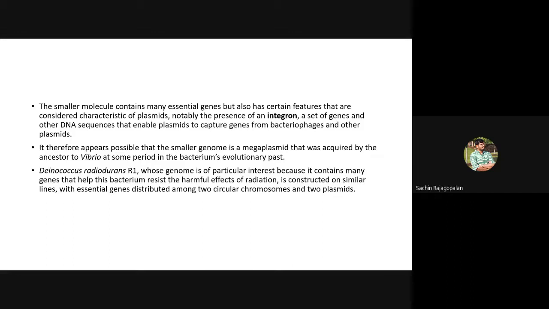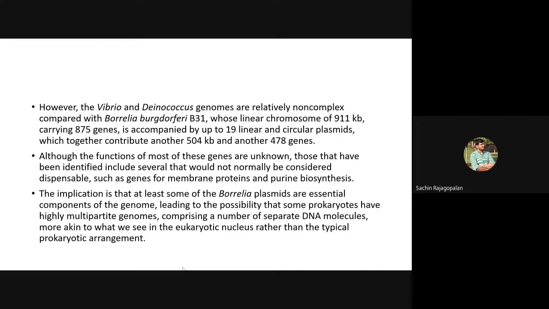Okay, but the case with radiodurans is that they have many genes which help this bacteria to resist the harmful effects of radiation. Okay, and obviously here also their genome is multipartite, wherein they have two circular chromosomes, and along with those circular chromosomes they also show the presence of two plasmids.